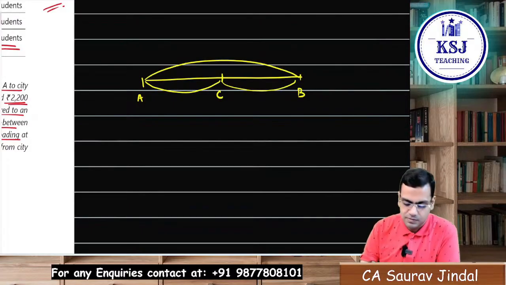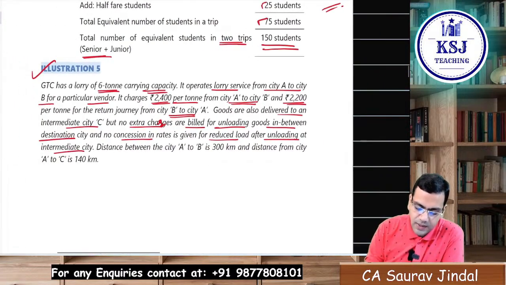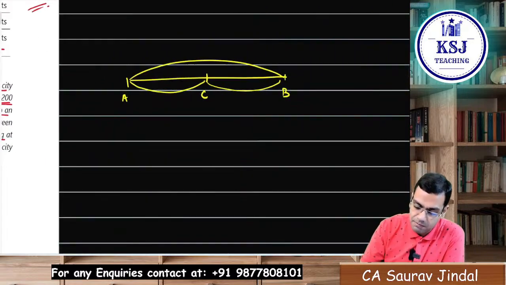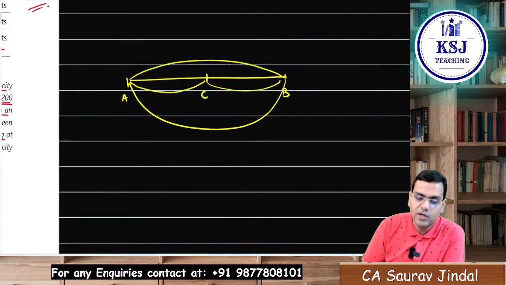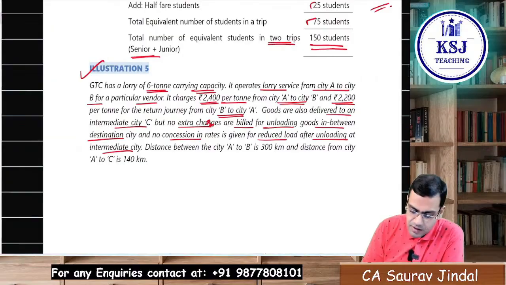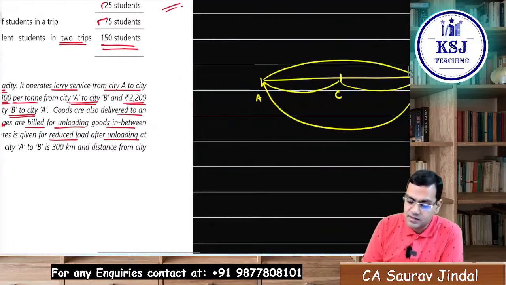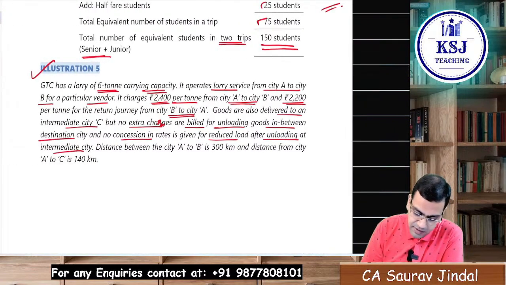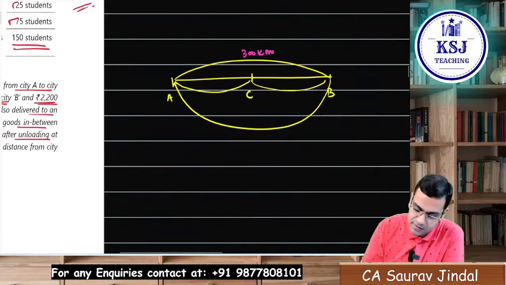The charges are 2500 while going from A to B, and while coming from B to A, it is 2200. Distance between A and B is 300 kilometers. So this distance is 300 kilometers, right? Then the distance from city A to C is 140 kilometers.